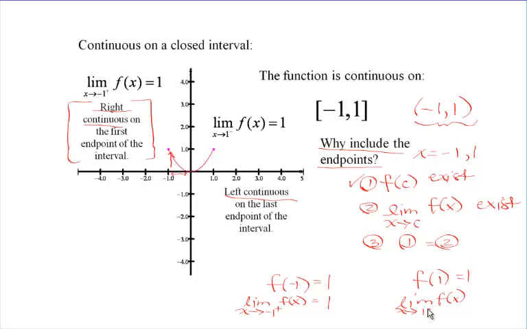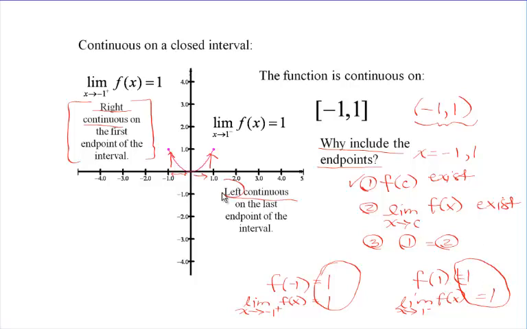So I can talk about what's happening approaching 1 from the left. As I approach 1 from the left, the outputs approach 1 from below. Those two things are equal. That is right continuous. This is left continuous.